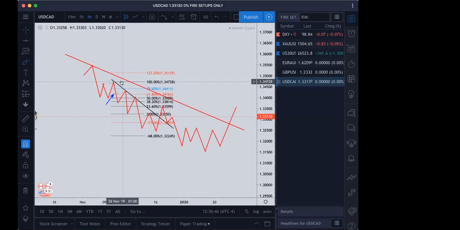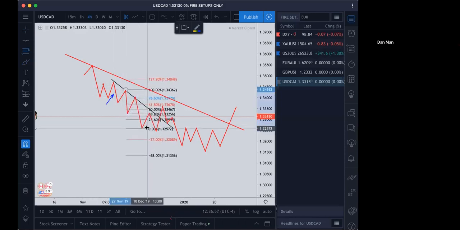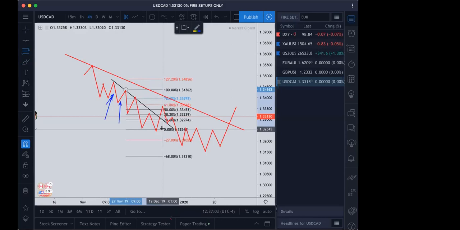Okay, so let's put the fib on the correct place, please. So you said on the third leg. Right here. Okay, once again. This is the first leg. This is the second leg. This is the third leg. This is the fourth leg.